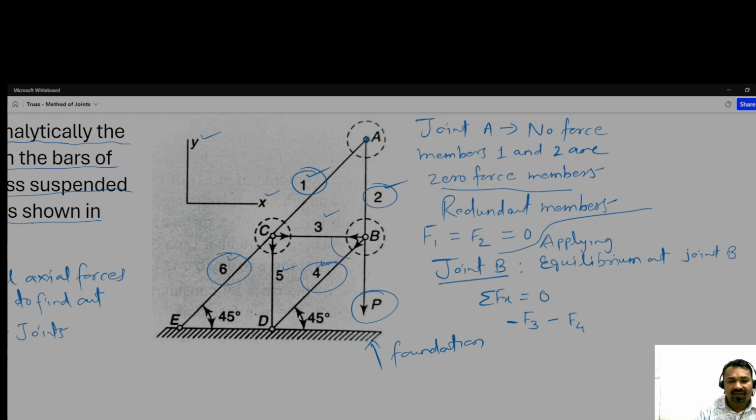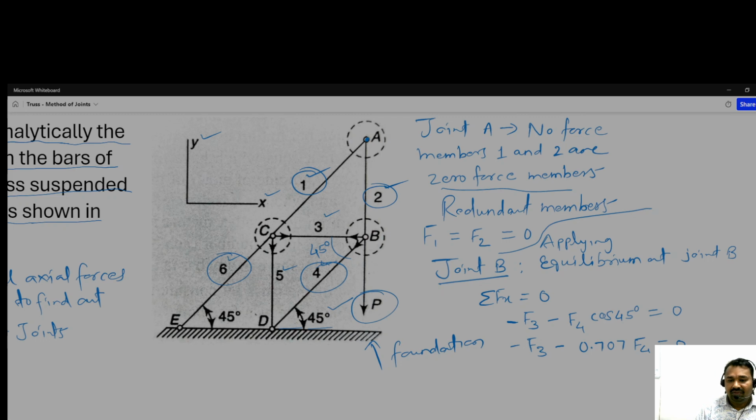This angle is 45 degrees, as it is making 45 degrees with the foundation. It is the horizontal component, so that's why cos 45 degrees: F3 minus 0.707 F4 is equal to 0.